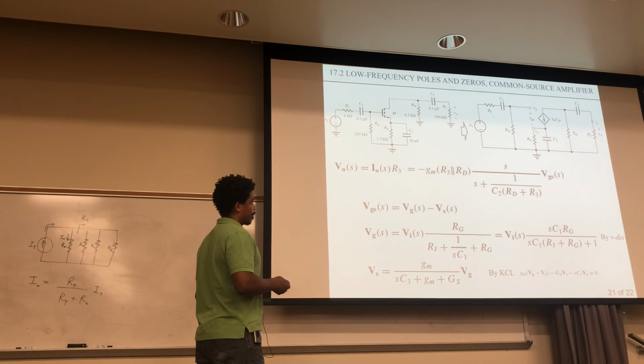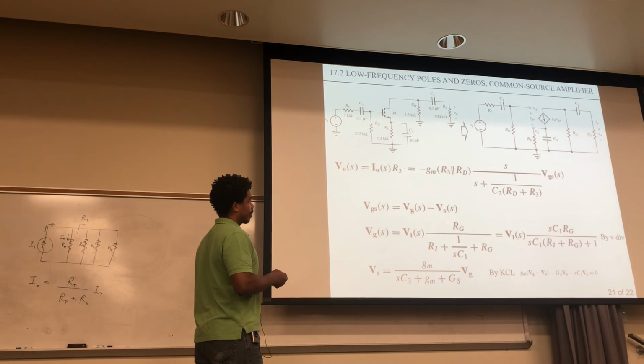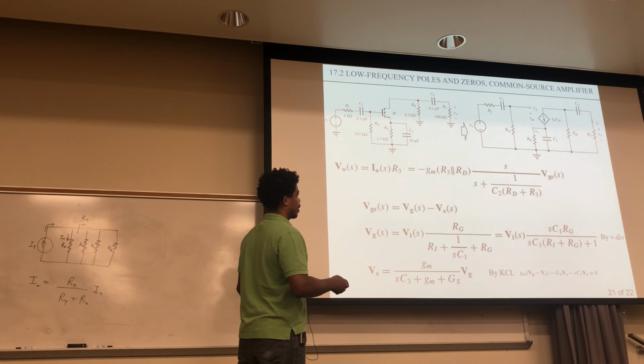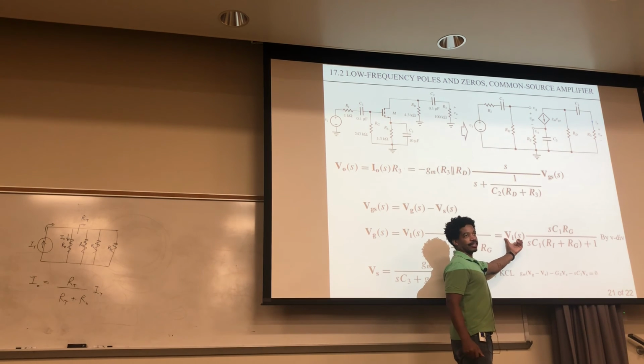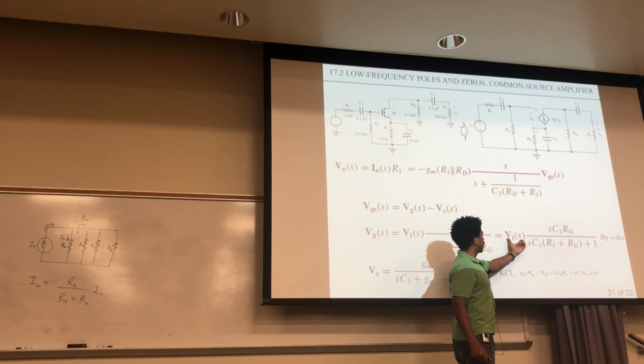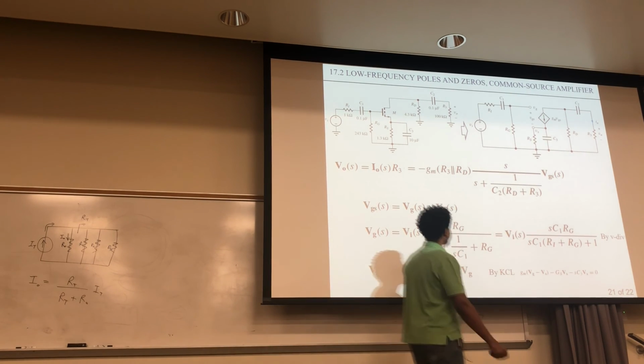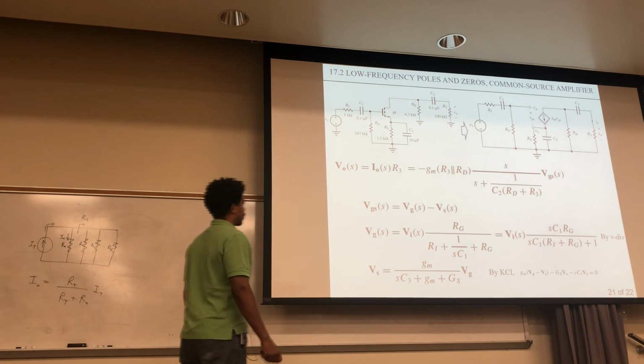You can multiply the top and bottom by SC1, and then you get this expression. And this is important. This is in terms of Vi, because when we get the gain, we want Vout over Vin. So here's Vin right here. Keep that in mind.